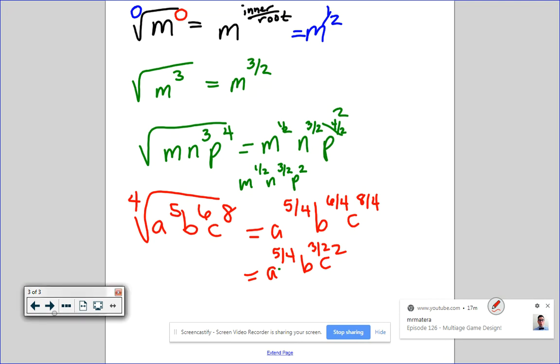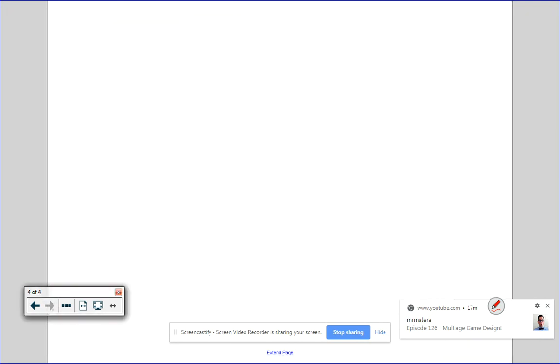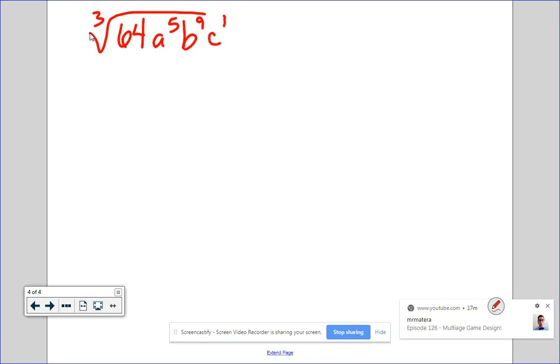So, let's go through an example of something like that. If I have the third root of 128, a to the 5th, b to the 9th, c to the 11th.